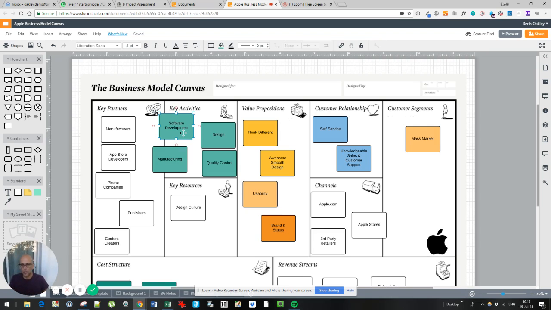The more you can make your key activities unique to deliver competitive advantage, the better off you are. That said, it takes time, and that may or may not be appropriate for the market that you're in.